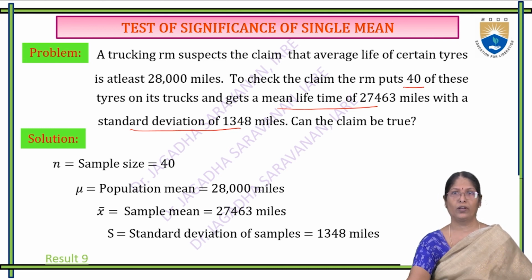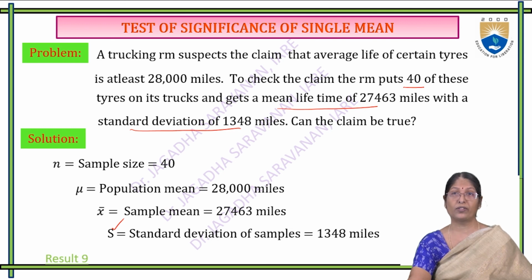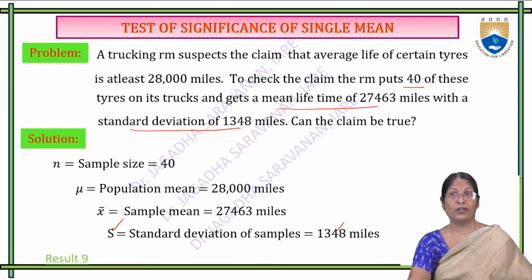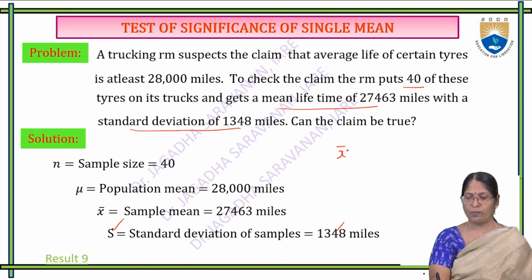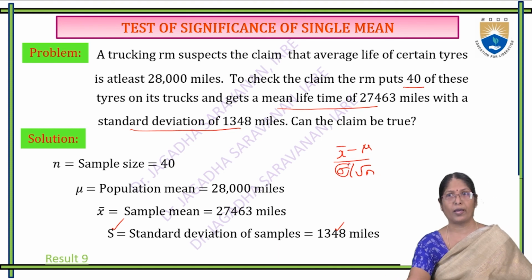So instead of sigma, the population standard deviation, the sample standard deviation symbol is capital S, and the data is 1348. If the population standard deviation is given, the notation is x bar minus mu by sigma by root n. If the sample standard deviation is given, sigma is replaced by capital S.